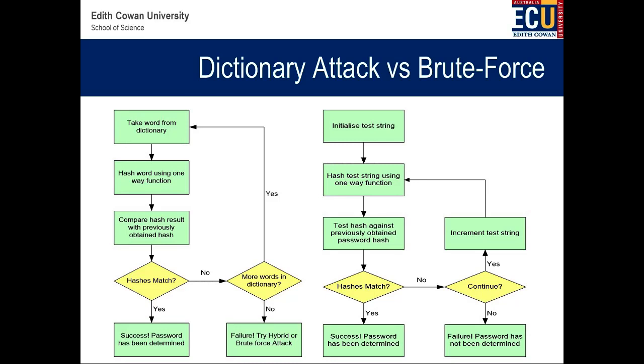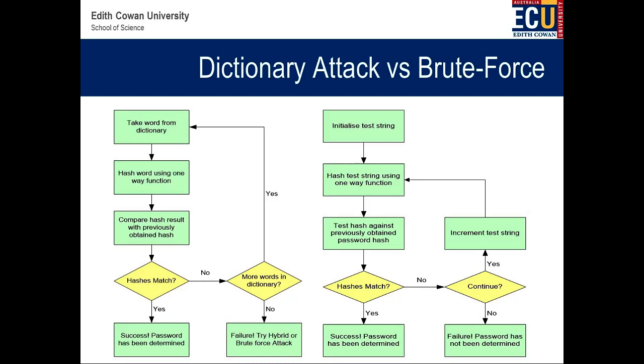If the hash does not match, we take another word from the dictionary and perform this step again, and we keep doing so as long as we have words in our dictionary. So here we are depending on the dictionary. The longer the dictionary, the more options we have, the more times we will run this loop, and the more chances we have to find the successful password.